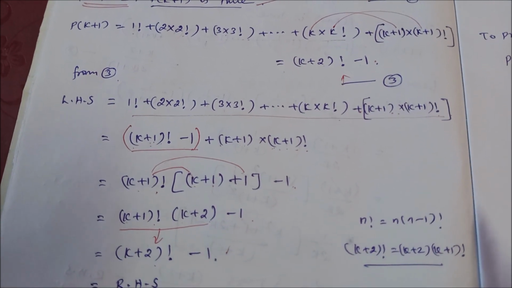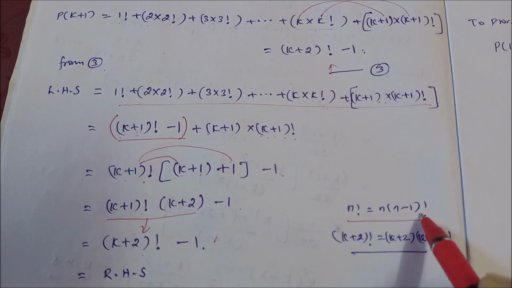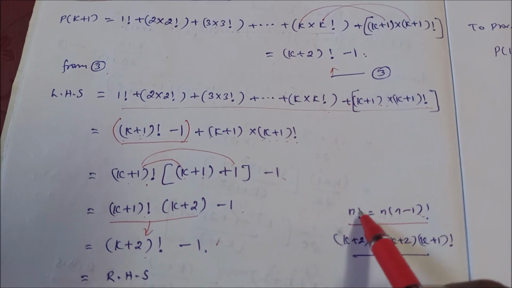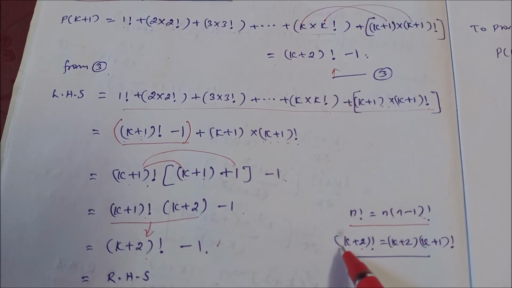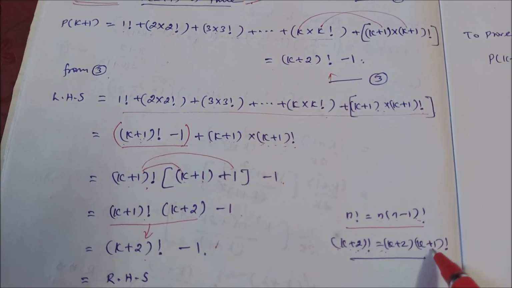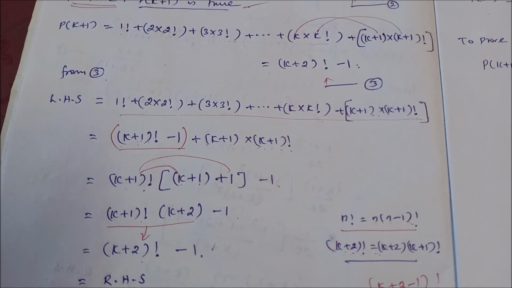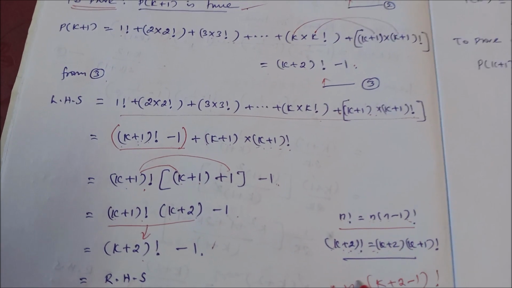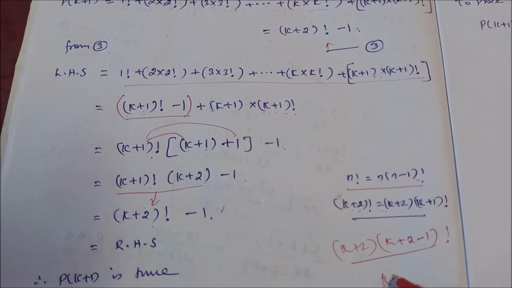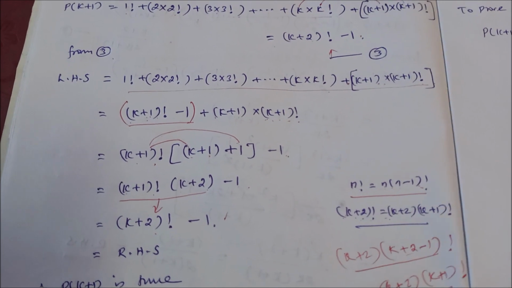How do we get (k plus 2) factorial? The basic formula for n factorial is n into (n minus 1) factorial. So replace n by k plus 2. (k plus 2) factorial equals (k plus 2) into (k plus 2 minus 1) factorial, which is (k plus 2) into (k plus 1) factorial.